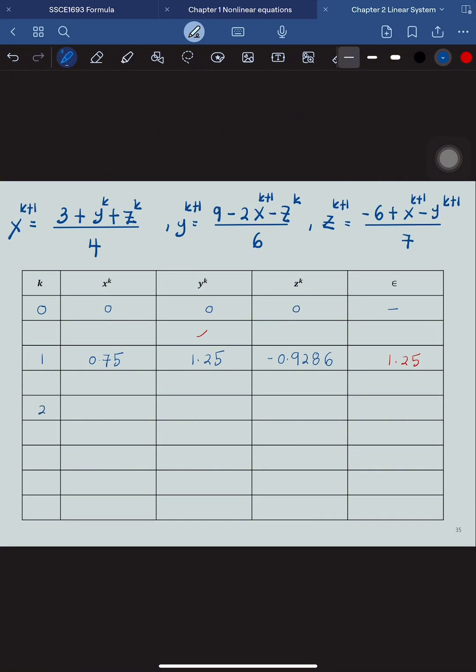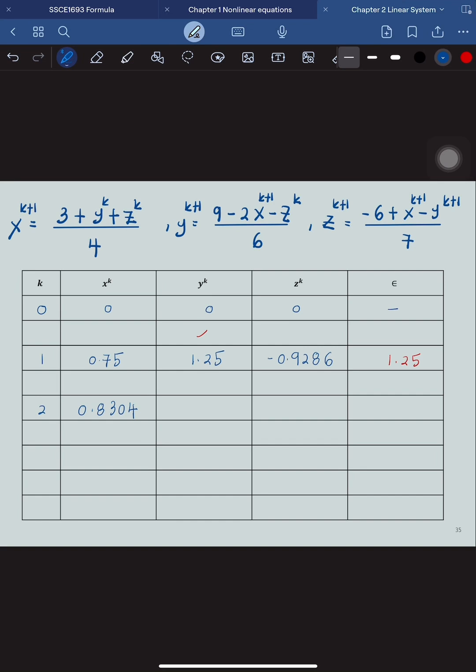For x, 3 plus y, which is 1.25, plus z, divided by 4, so 0.8304.